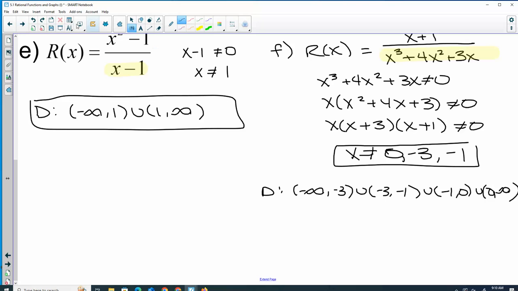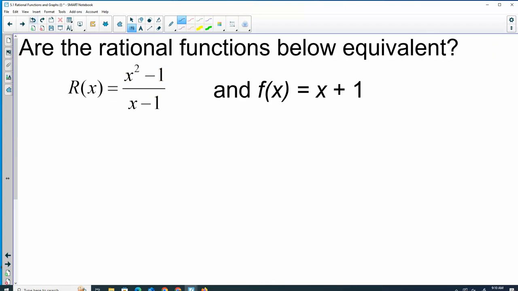If I asked you, are these two functions equivalent? Are they the same? So I have x squared minus 1 over x minus 1 and x plus 1. Yeah, they are, because if you divide x squared over x is x, and then negative 1 over negative 1 is 1.